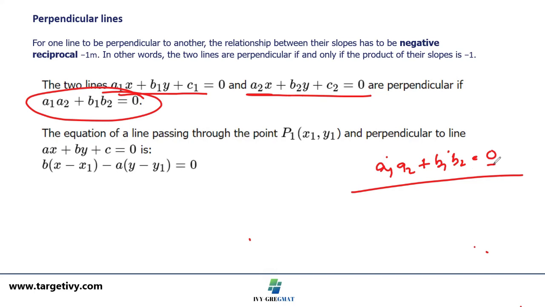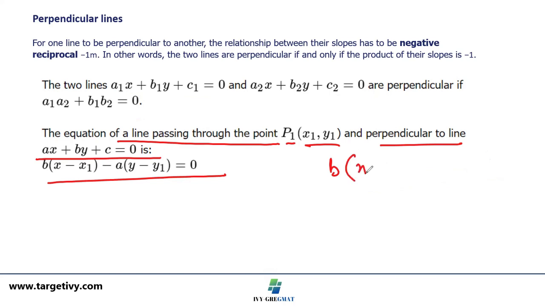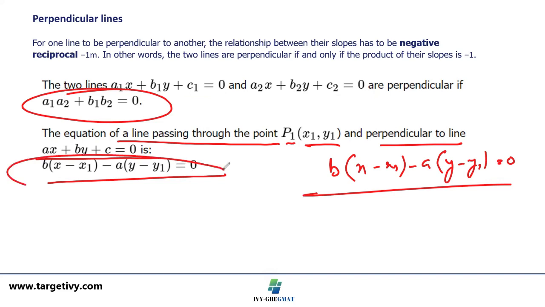The equation of a line passing through the point (x1, y1) and perpendicular to the line ax plus by plus c is equal to 0 is b into (x minus x1) minus a into (y minus y1) is equal to 0. Just two equations here, this one and this one.